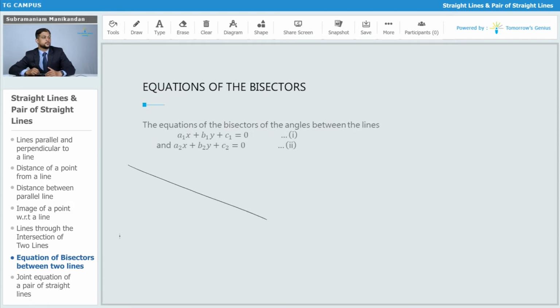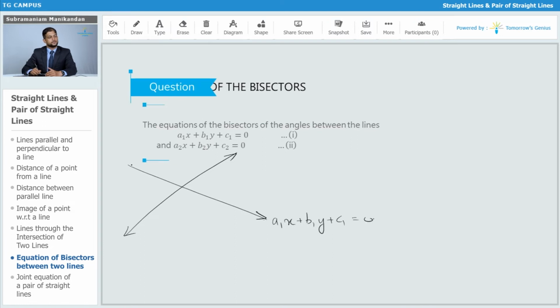Say this is the first line and this is the second line. The equation of the first line is a1x plus b1y plus c1 equals 0, and a2x plus b2y plus c2 equals 0.